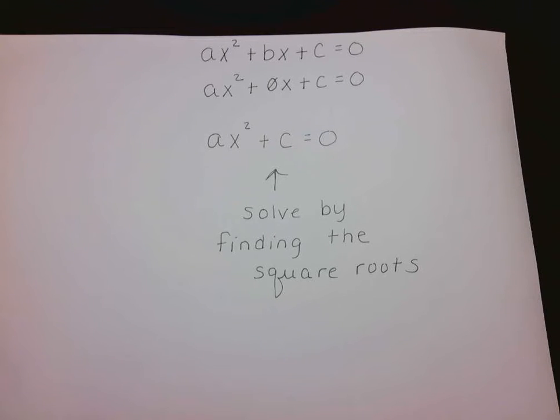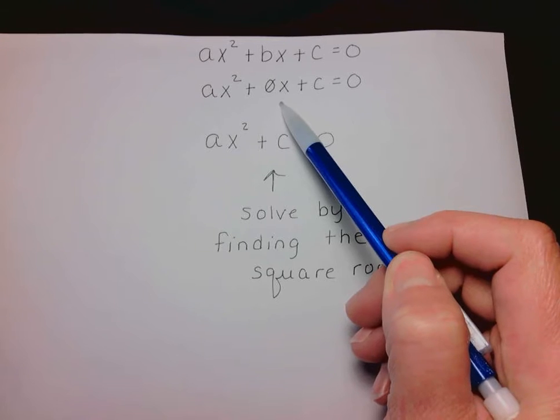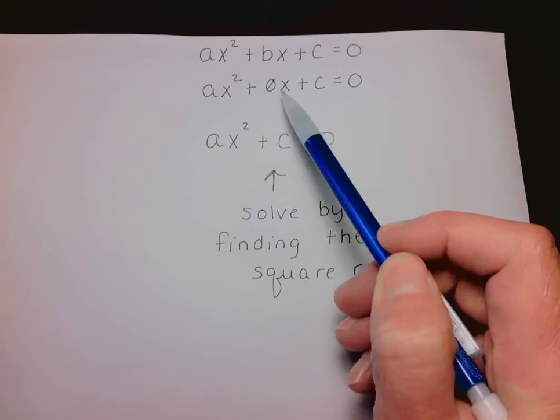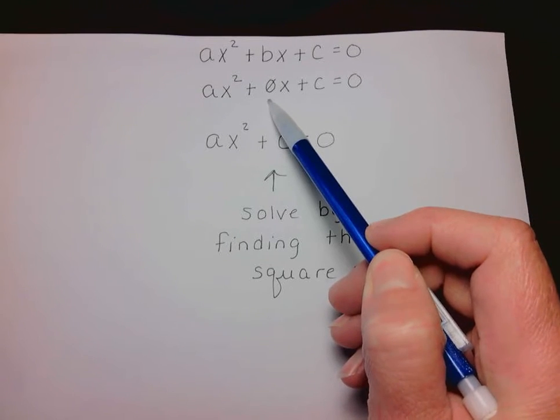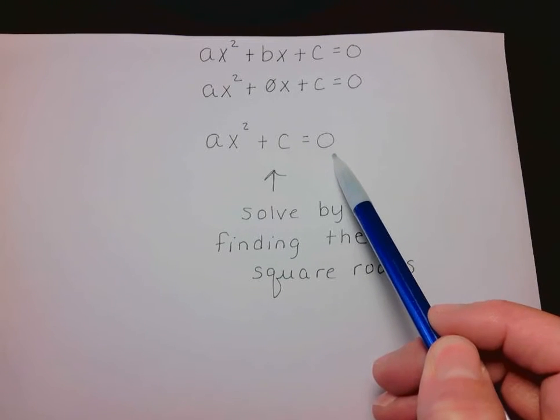So in the last lesson, we talked about how to solve quadratic equations by finding the square roots. That technique is used when b equals 0. When b equals 0, you don't have this middle term, so your quadratic equation will look like this.